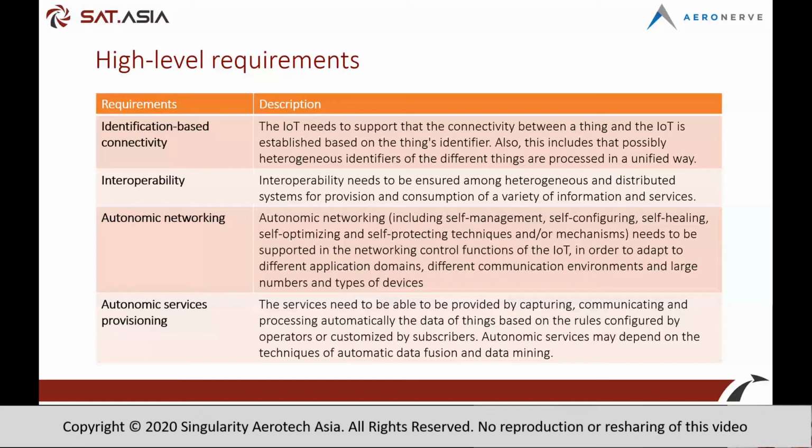So you don't need people at the back to look at, okay, at this time it started, and this time it shut down, and then calculate how many percent of the time every day the machine is running. It has to be automatic. So that is what it means by autonomic service provisioning.